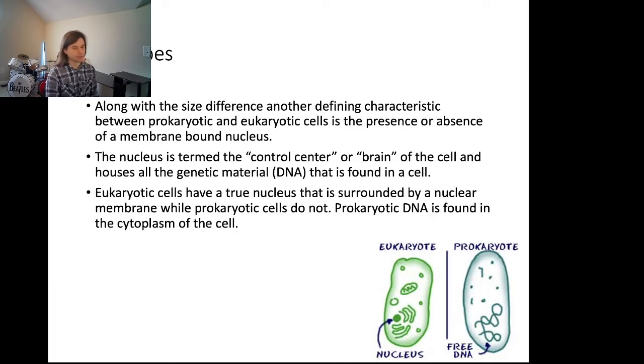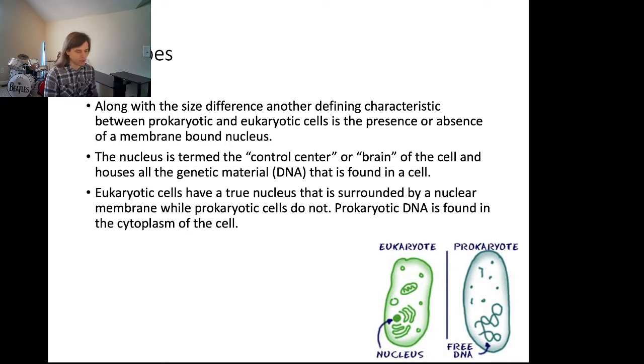One of the main differences, more than just the size, the important details, size is just kind of trivial. They're more complicated on the inside, so they need a lot more space to be more complicated in. But essentially, the true nucleus in the eukaryote is the big deal. It's a protective control center for the DNA.